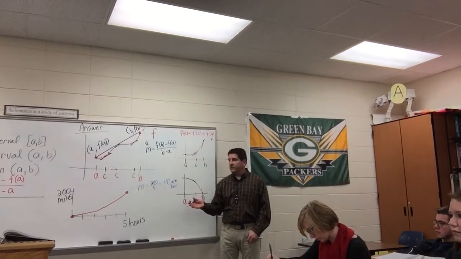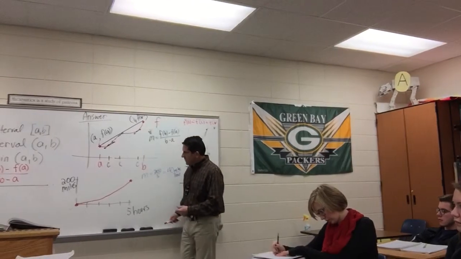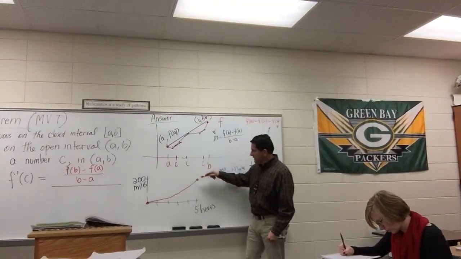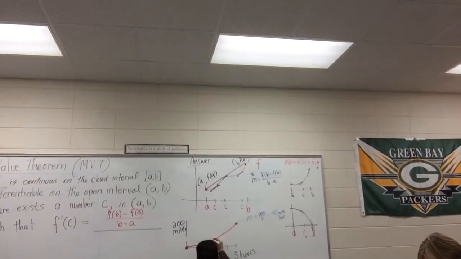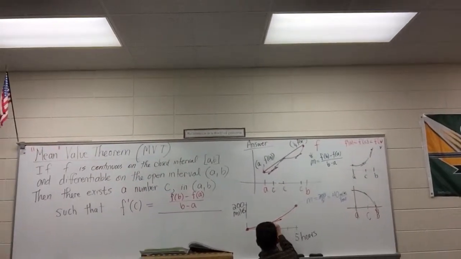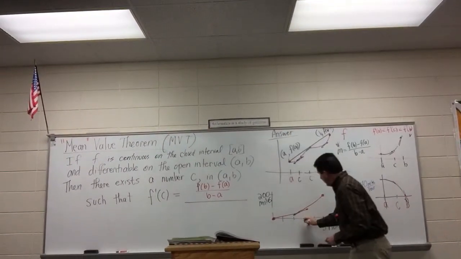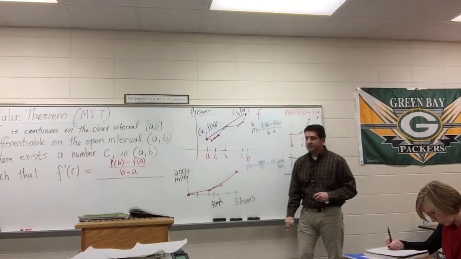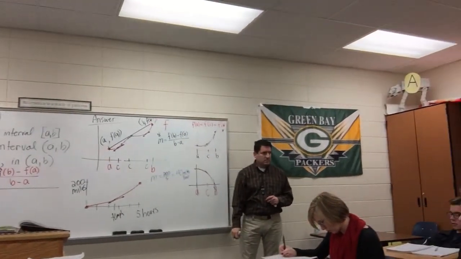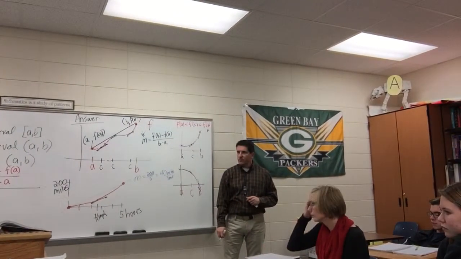Maybe even more than once. In the end, I can find a line that's parallel to this, and it's at this moment that I'm going 40 miles per hour. Does that make sense?